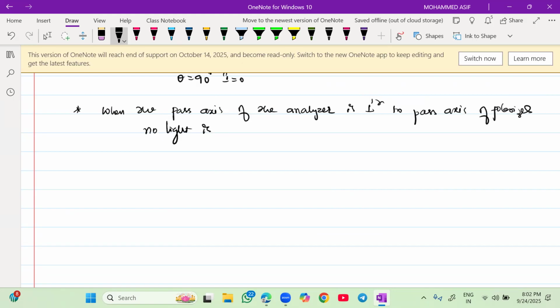So the intensity is equal to 0. Am I clear with this one?